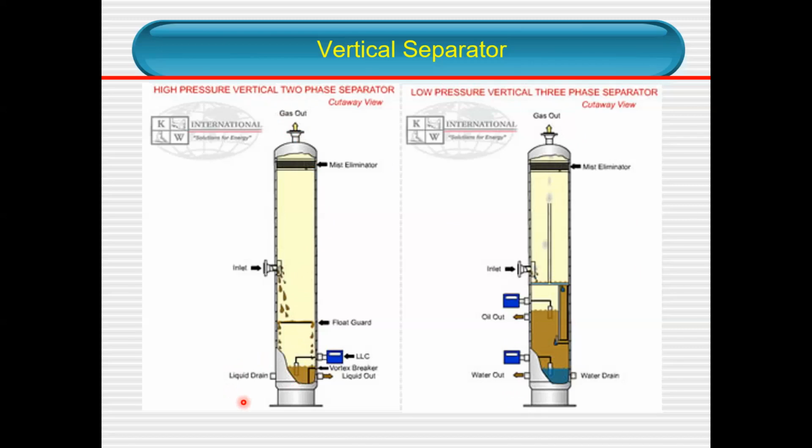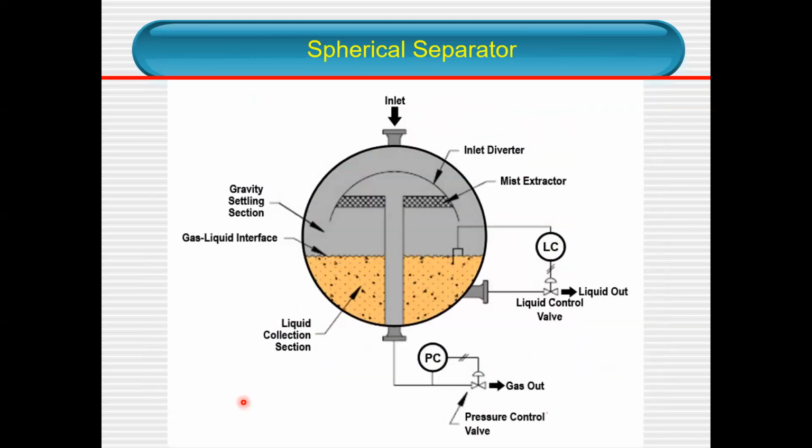It's not about cheaper, but whether you really need the three-phase separator at a certain field. Same concept again. For horizontal, vertical, and spherical separators, you just want to separate the gas and liquid.